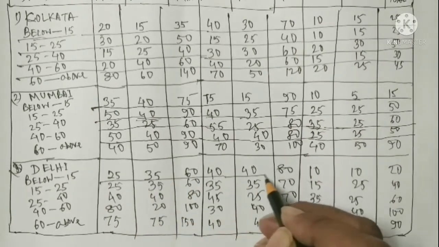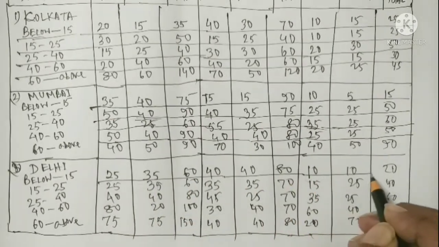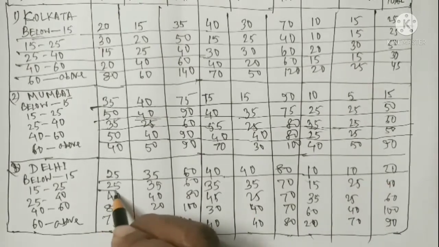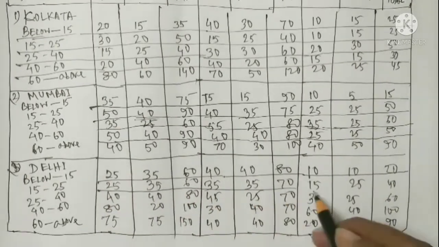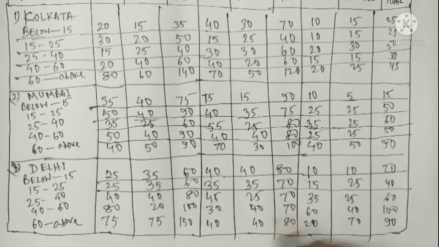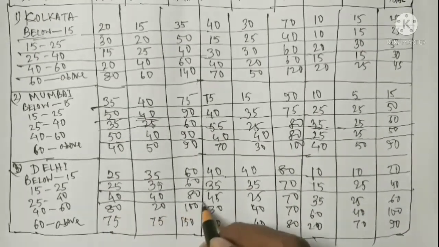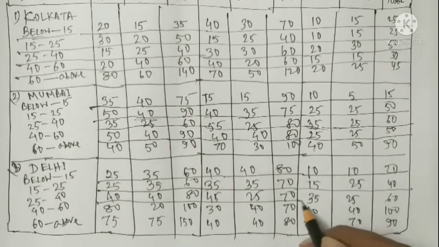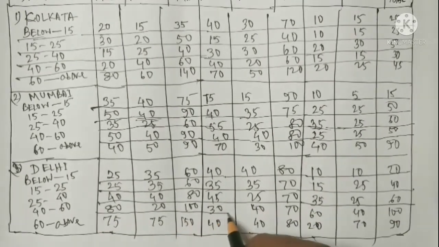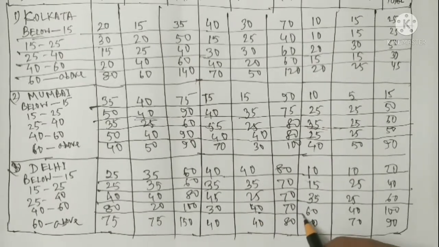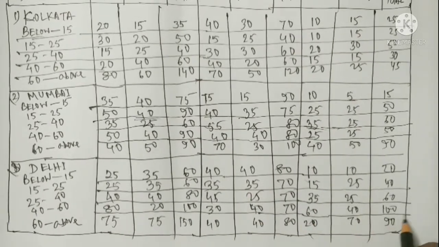And this one is a row. Here we draw many rows. The number of rows here for particular data.